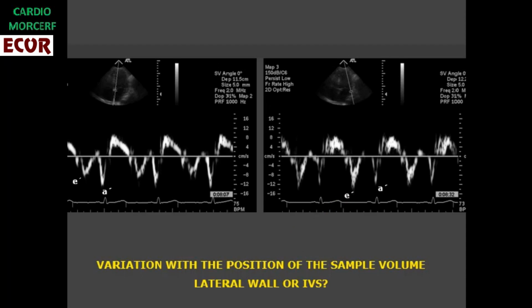Now, with the ROI in the IVS, the E' is lower than the A' and measures 7 centimeters per second, then abnormal. This difference should not exist since we are analyzing the diastolic function of the left ventricle as a whole and not a regional function.